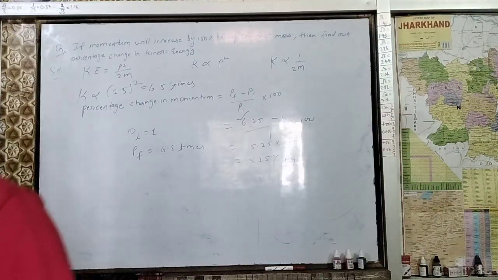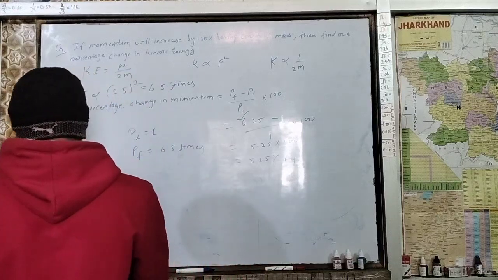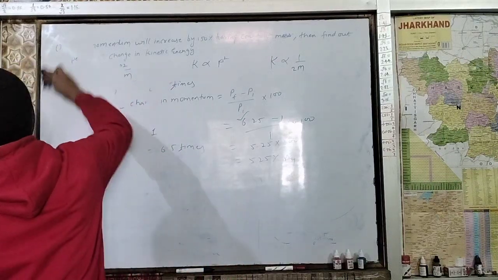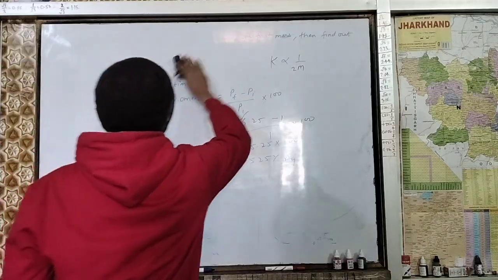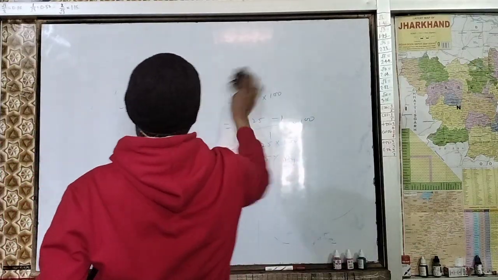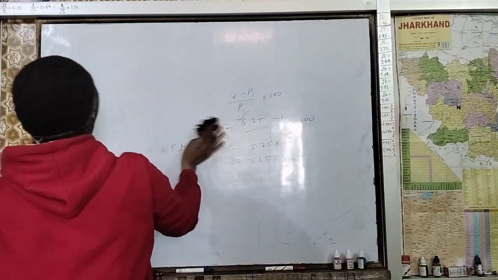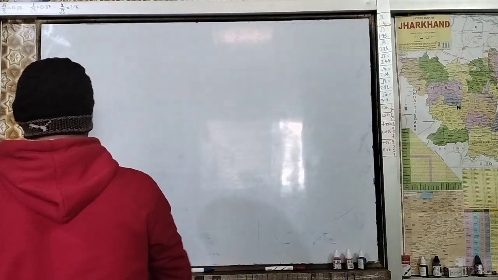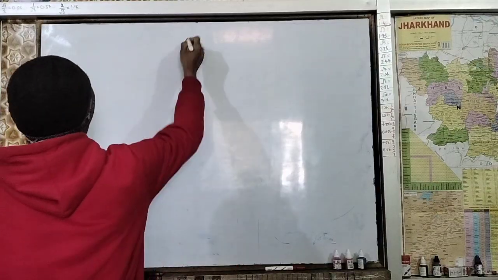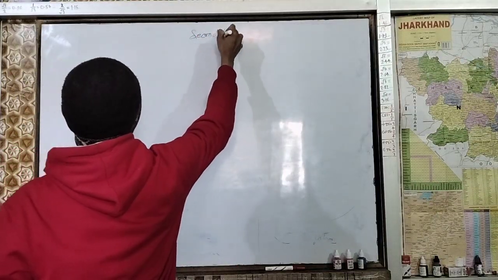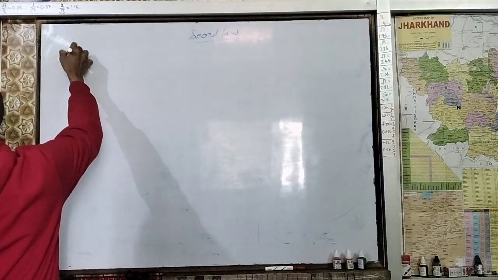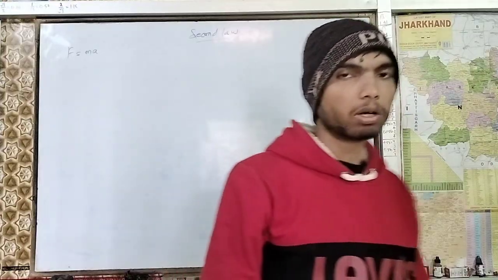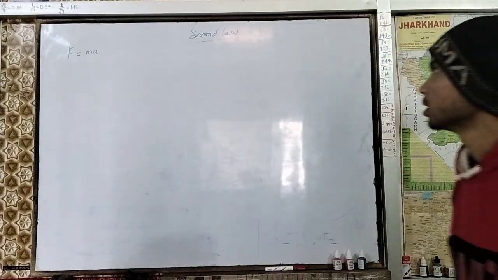Now next point. Next is the second law. When it comes to the second law, you are familiar with this equation, F is equal to m a. But my question is, how did it come?